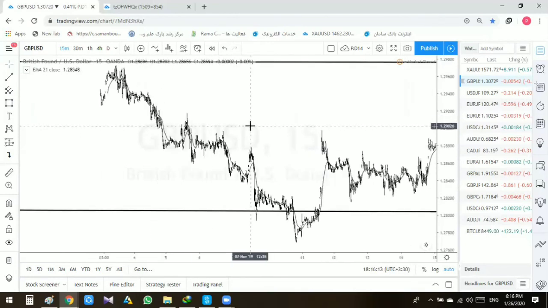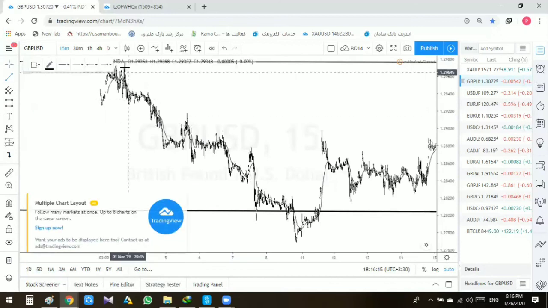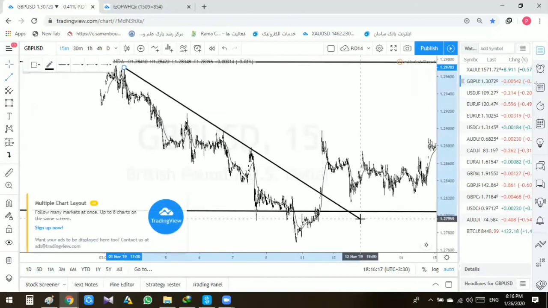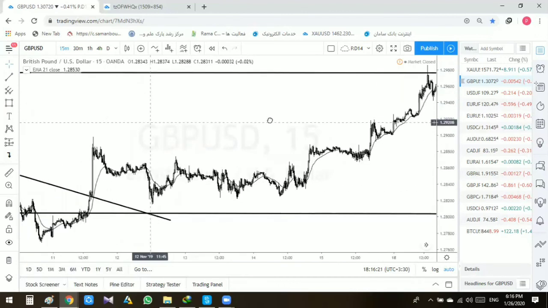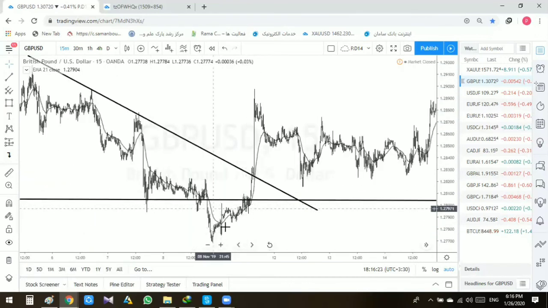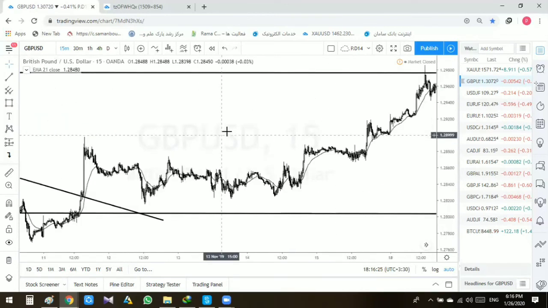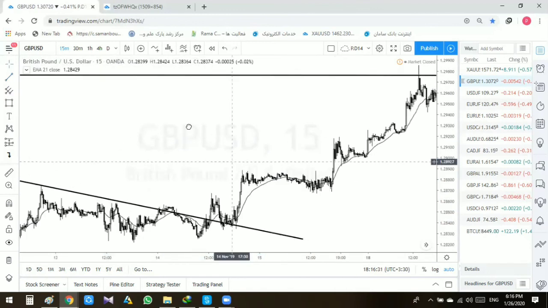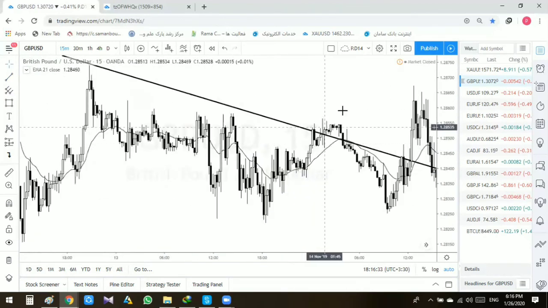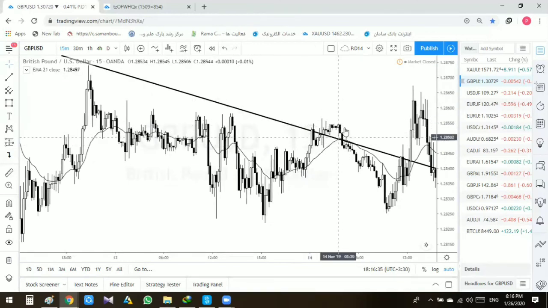Anyway, we had this trend line, if you remember, I talked about it right now. This is the fake breakout, this movement and this movement, right? So yes, I had a stop loss right here for sure.